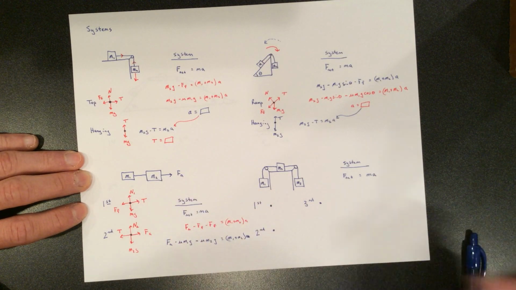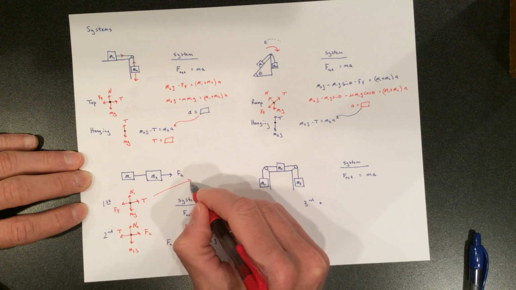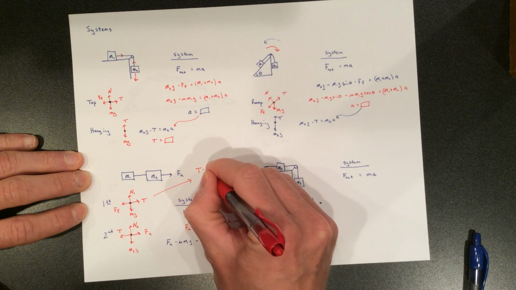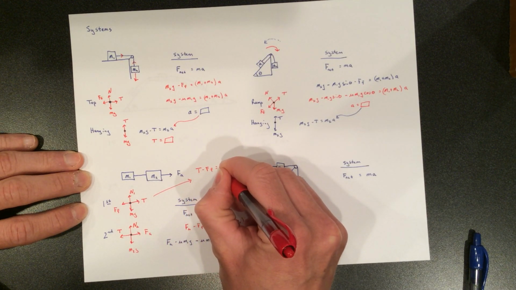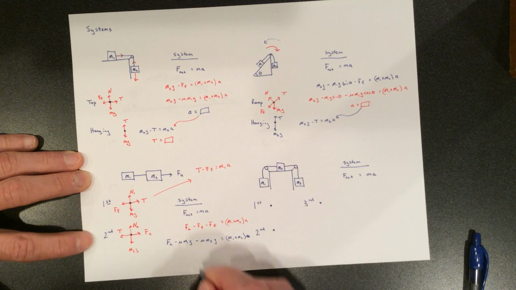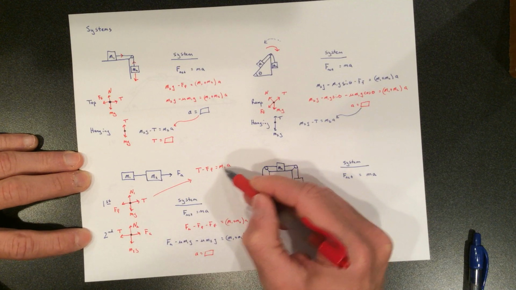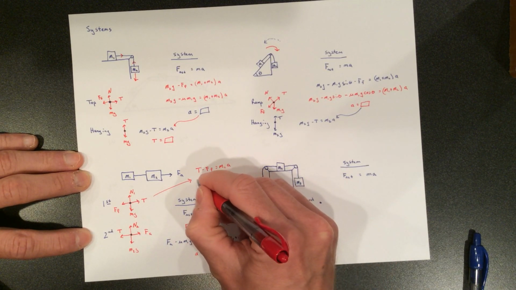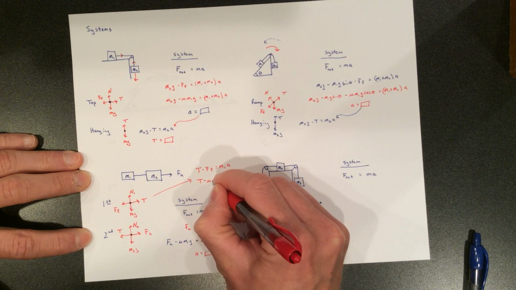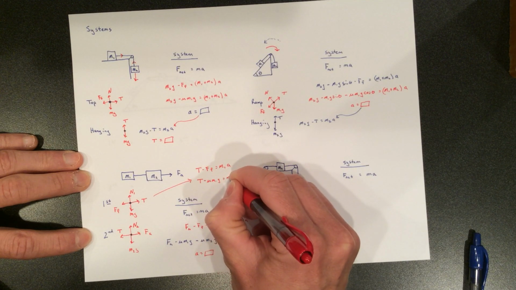So let's say we came back here and we looked at just box 1: T minus Ff equals m1a. But if you knew the acceleration, you could put it in here to find the tension, because you knew that tension minus friction equaled ma.